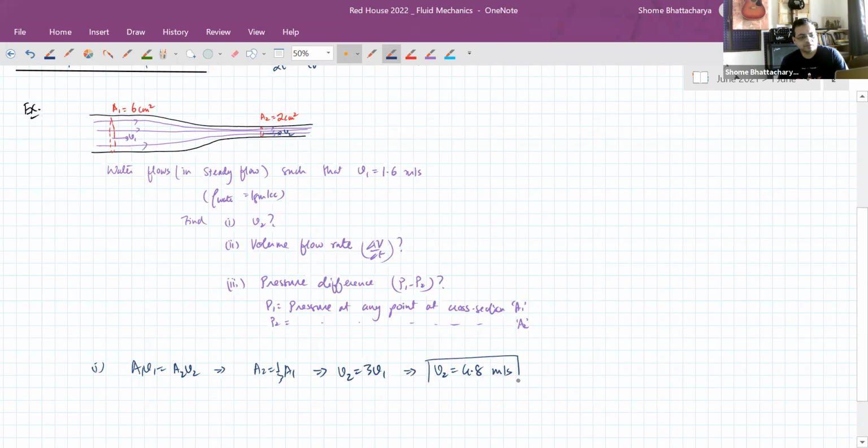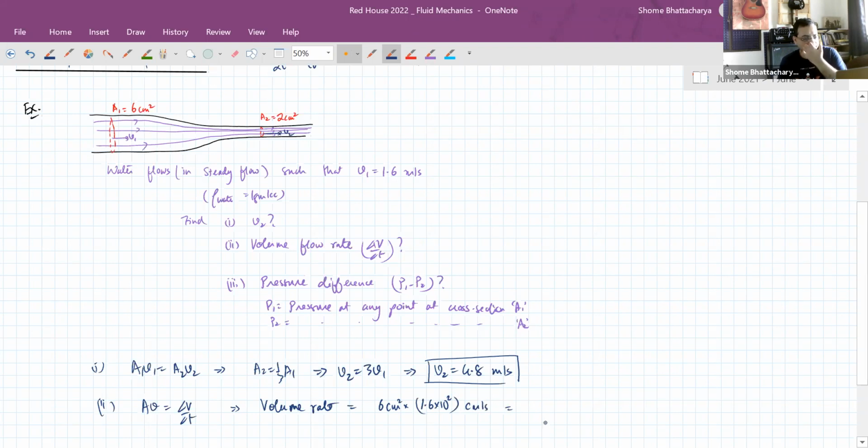Okay. Now also this area into velocity of flow is the volume rate of flow. So the volume rate will become, one way to express it, 6 centimeters square into 1.6 into 10 raised power 2. We convert this to centimeters per second.